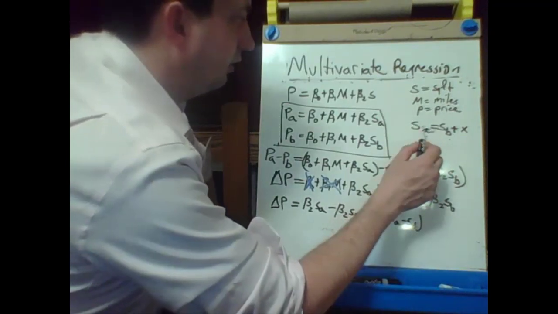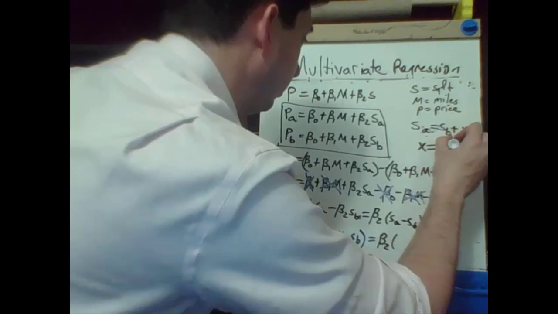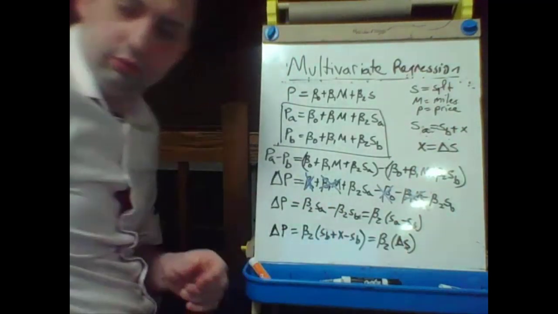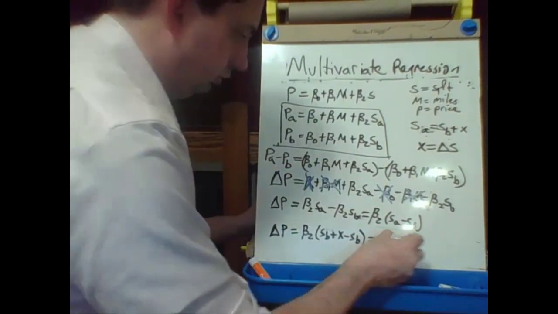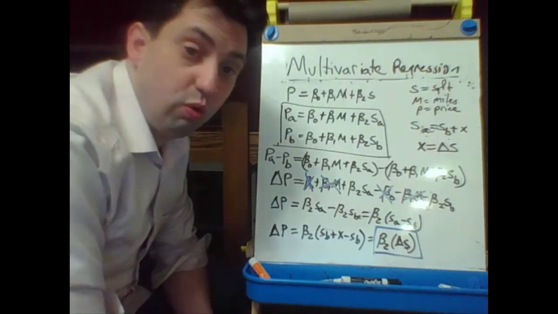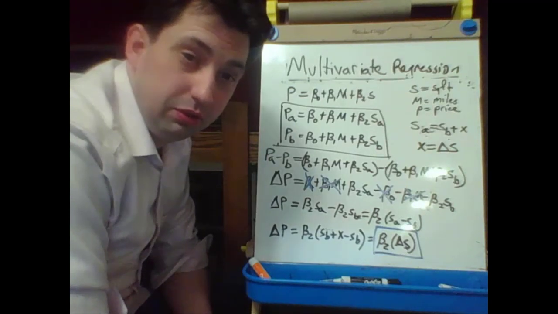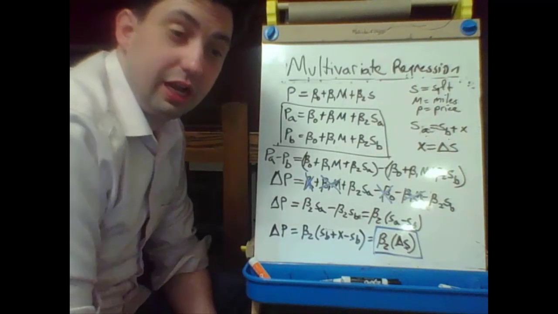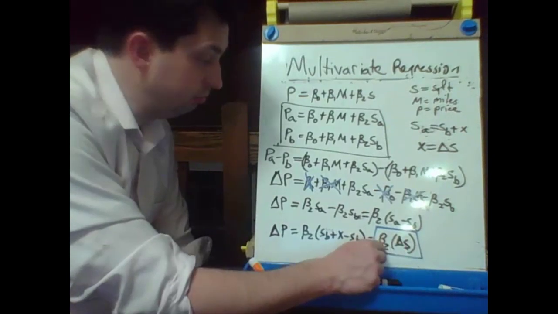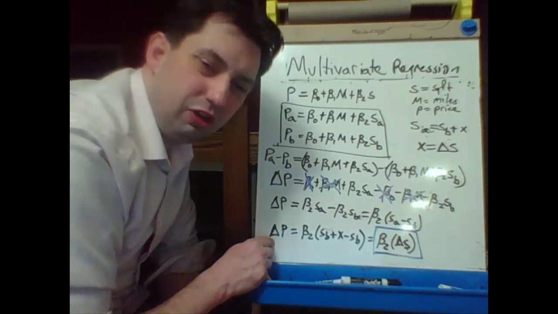And since SA equals SB plus X, since X is just simply a way of changing S, if all you want to do is find out how much one variable changed when you change it by a certain amount, all you have to do is take how much you changed it by, multiply it by the beta value, and that gives you how much the dependent variable changed.